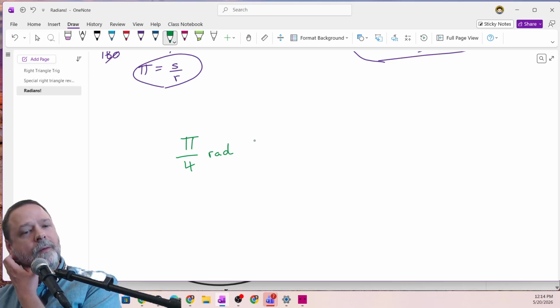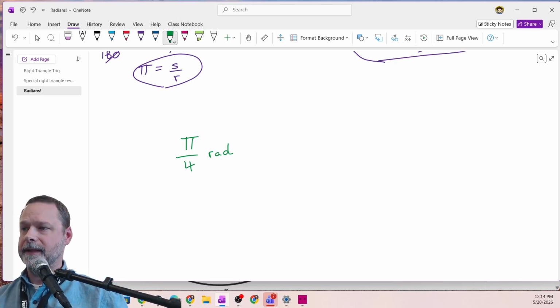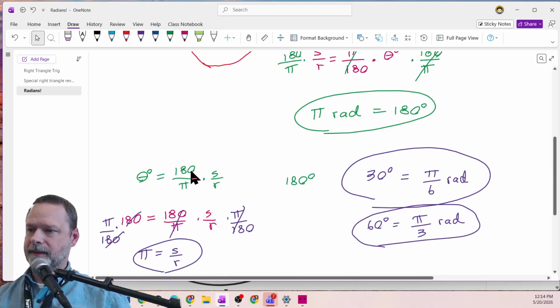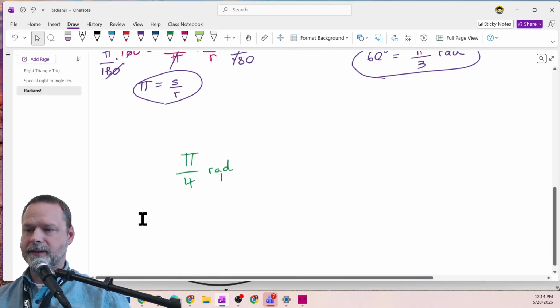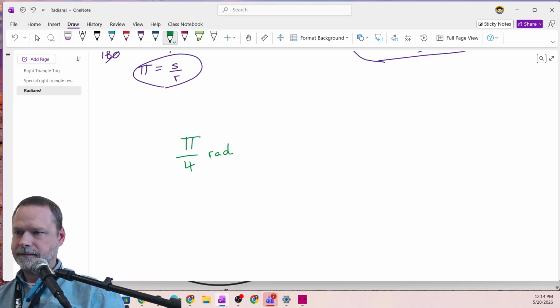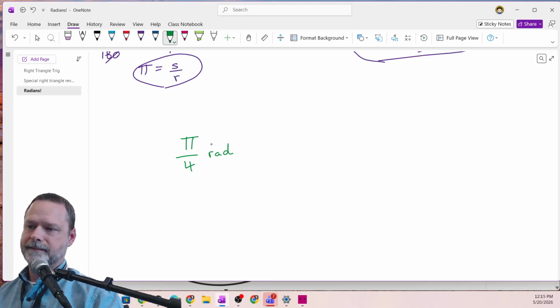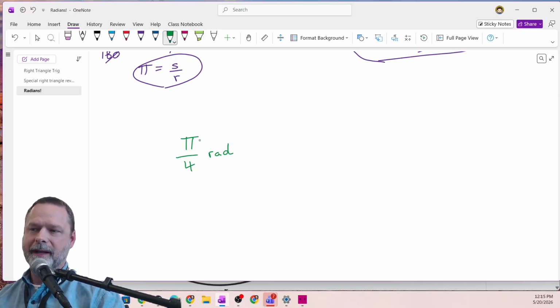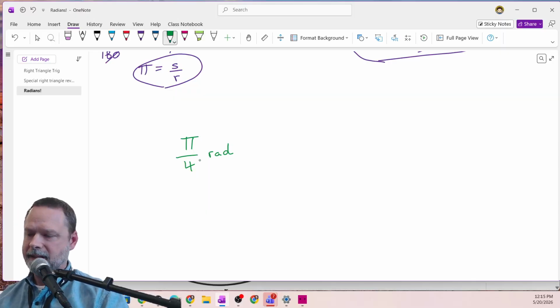Well, you'd multiply that by 180 over pi, rather than when we were doing this conversion of pi over 180 to go the other way, it'd be 180 over pi. But really what happens, it'd be 180 over 4, right? Because the pi's cancel out. In other words, again, treat the pi like 180. It's going to work out fine.